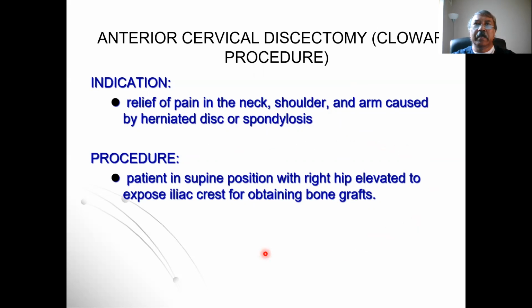Sometimes they require a bone graft, and that bone graft is taken from either the right hip or left hip iliac crest. So we put a little sandbag or rolled blanket under that affected hip where the bone graft will be taken, to elevate the area of the iliac crest for the surgeon to take the bone graft.